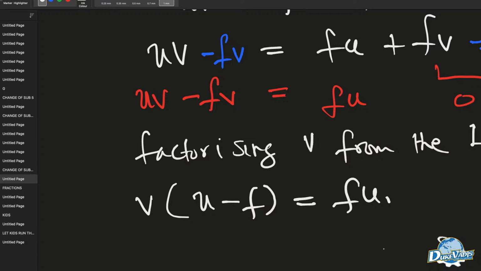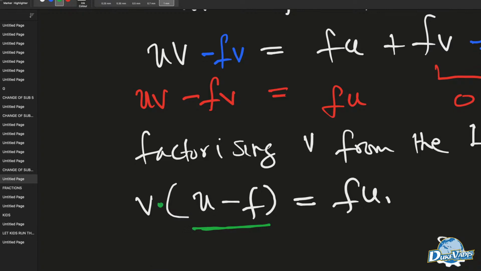Now we got to get rid of u minus f so that our equation will be v standing on its own. Have you seen it? We have to get rid of this. How do we get rid of that? Bear in mind that this is multiplying that.